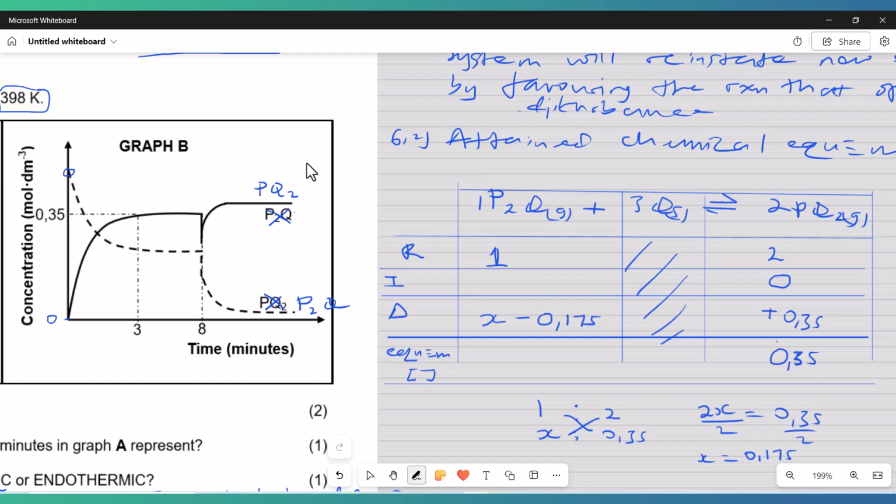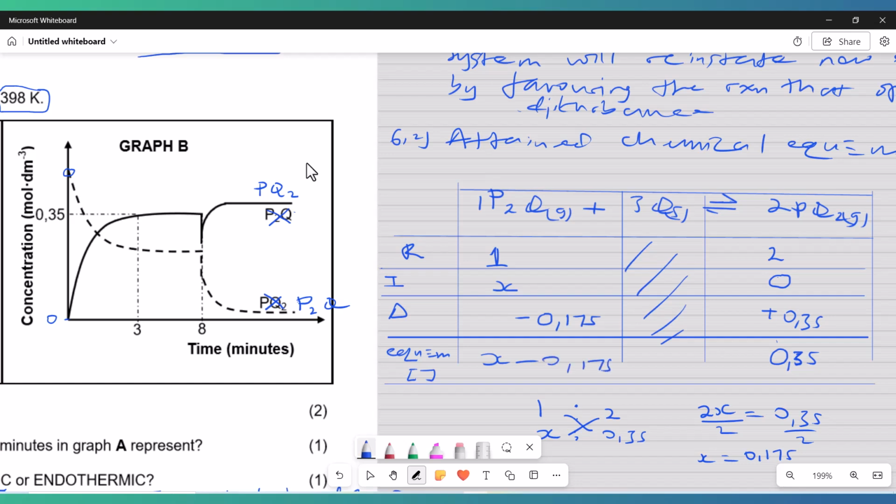I didn't know anything, so I can put a variable here. Let me put x here, that was the x there, but I'll convert it to moles when I'm done. So this is x minus the change, which is 0.175. So what do I have at equilibrium here? I'm left with the x minus what?